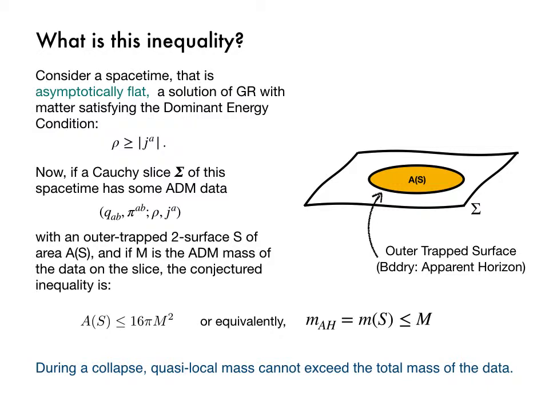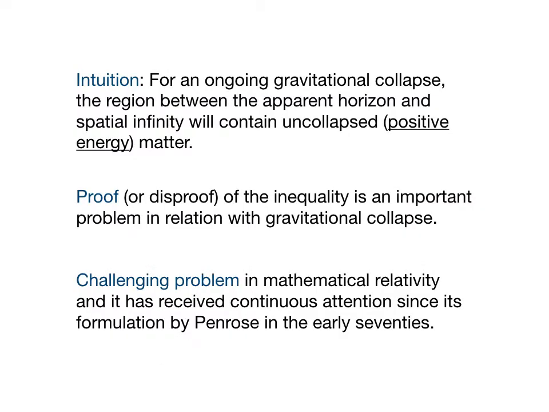So that means during a collapse, a quasi-local mass cannot exceed the total mass of the data. This fits with intuition, since for an ongoing gravitational collapse, the region between the apparent horizon and spatial infinity will contain uncollapsed matter, the matter which still has not gone inside the black hole.